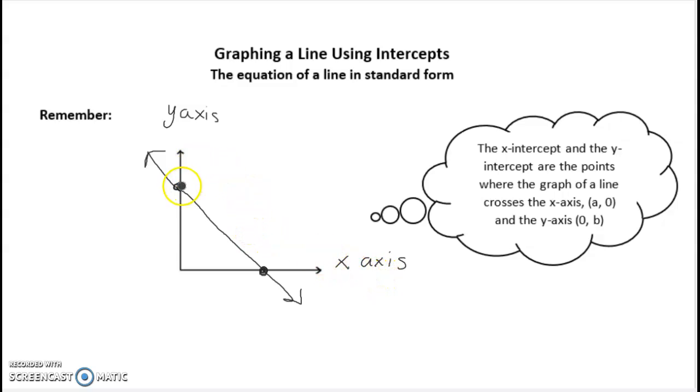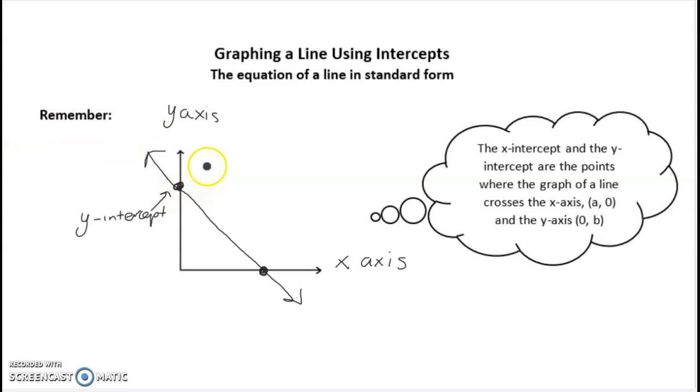But this point right here is known as the y-intercept, because that is where the line crosses the y-axis.